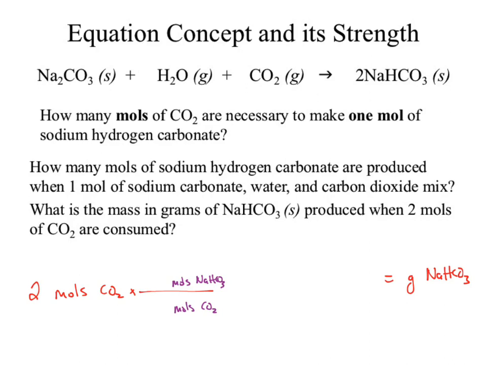There is no mass measurement in moles. Where do I find the conversion factor between moles of one substance and the moles of another substance? From the balanced chemical reaction. So I can go back up to my chemical reaction, which was conveniently balanced for us, and we can pull our coefficients off. What are our coefficients? 2 for sodium hydrogen carbonate and 1 for CO2.